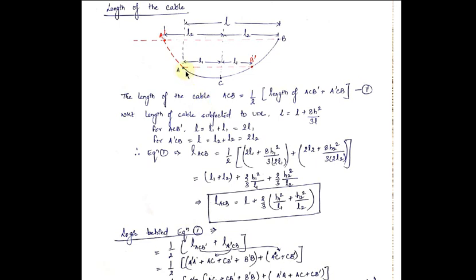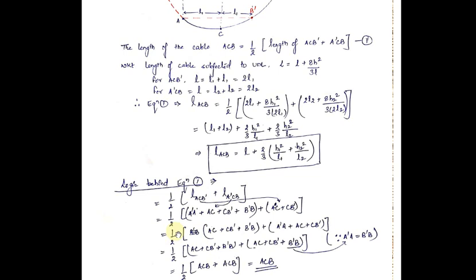This portion ACB dash has two parts, AC and CB dash. So I can write ACB dash as AC plus CB dash. This part A dash CB has four parts, A dash A plus AC plus CB dash plus B dash B. So I can write this length as A dash A plus AC plus CB dash plus B dash B.